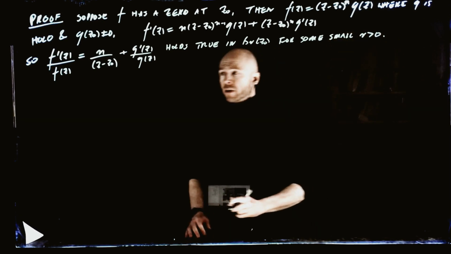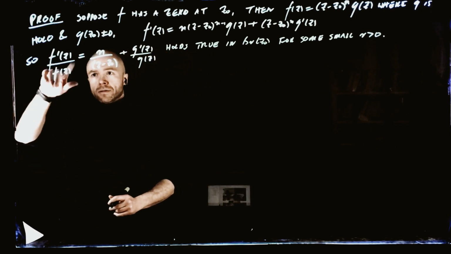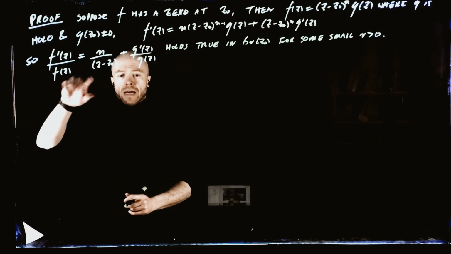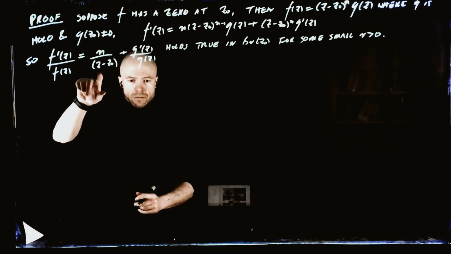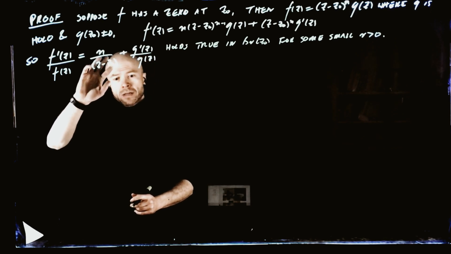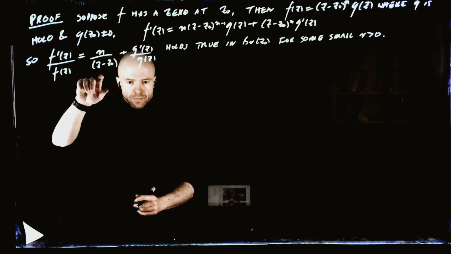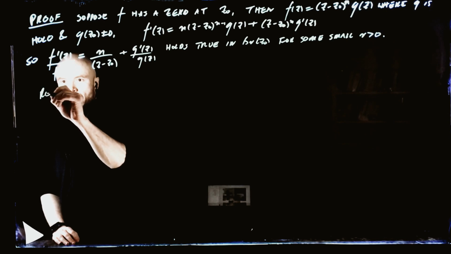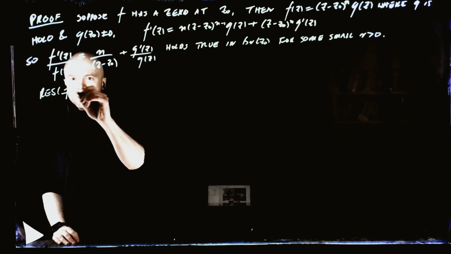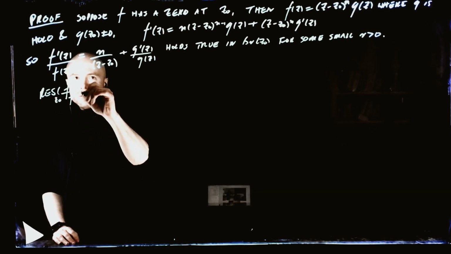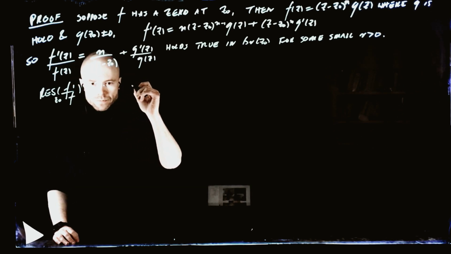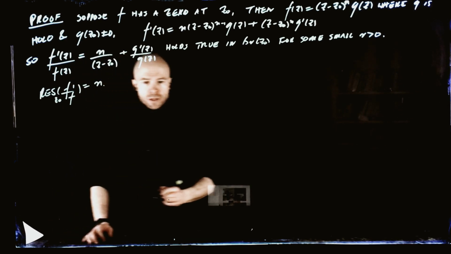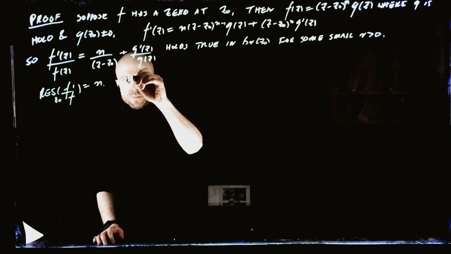So in particular, it says that f prime over f has a pole at z0, yeah? And the residue of the pole is just given by n. It's got a simple pole, and the residue is given by n. So the residue of f prime over f at z0 is just equal to n. Yeah? Cool.